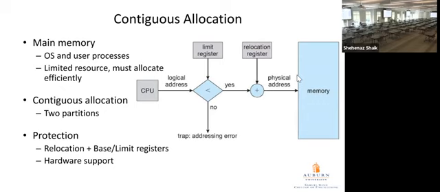In other words, if a process is allocated physical memory from address 1000 to address 2000, then it should be able to verify using the limit register and ensure that all the addresses being referenced are valid addresses.